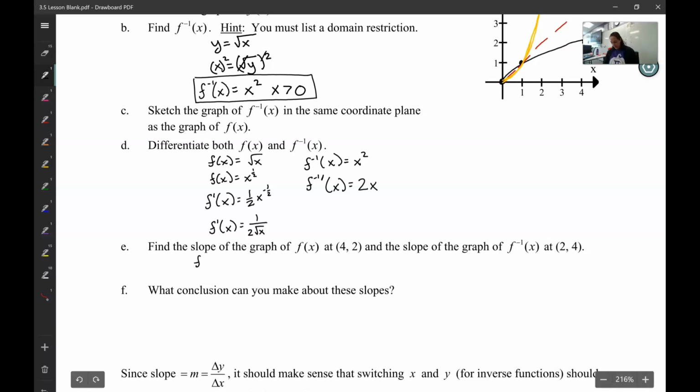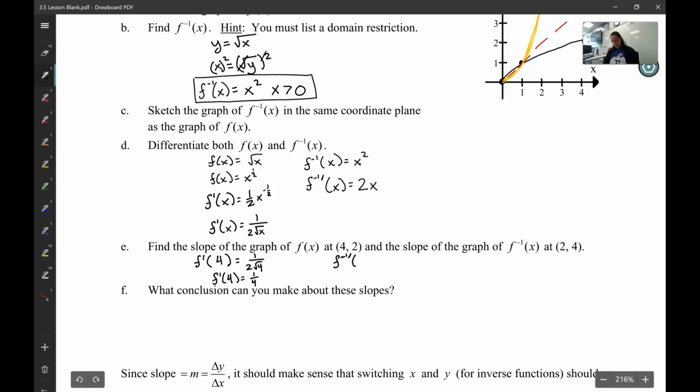Next, find the slope of the graph of f of x at 4, 2. So f prime of 4, 1 over 2 root of 4, which is going to be 1/4. And find the slope of the graph of f inverse at 2, 4.